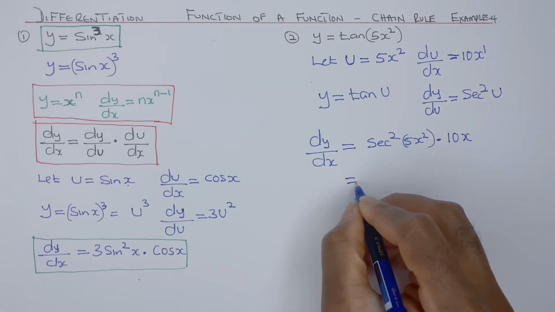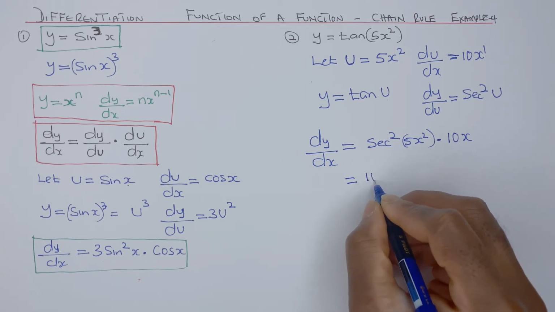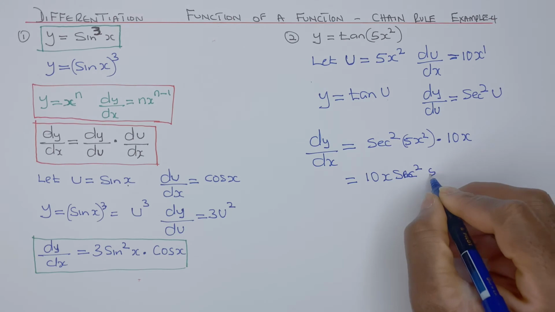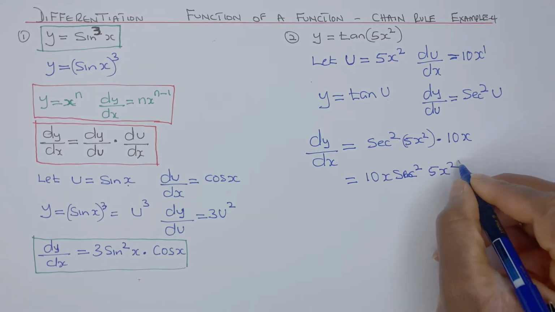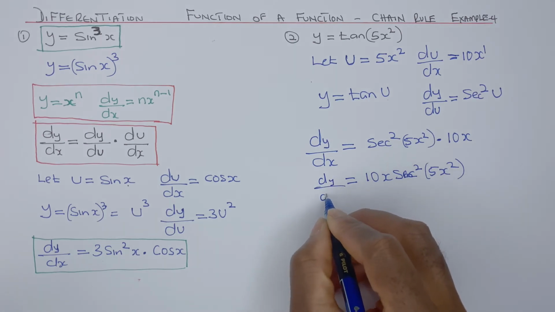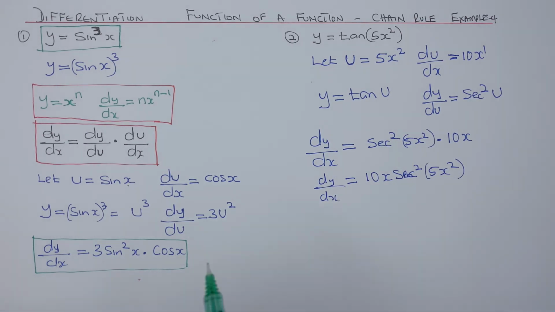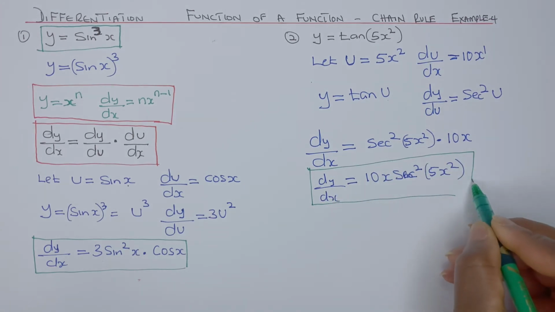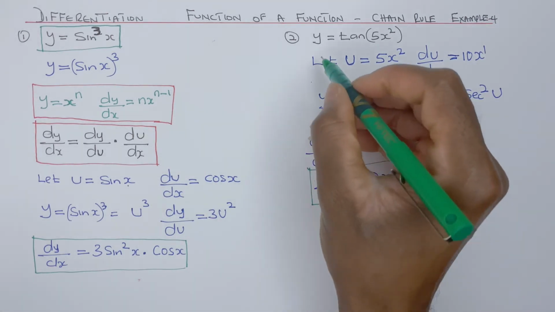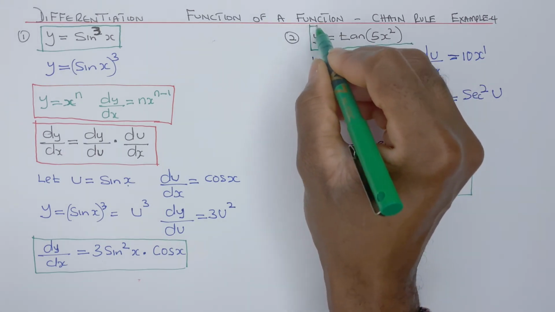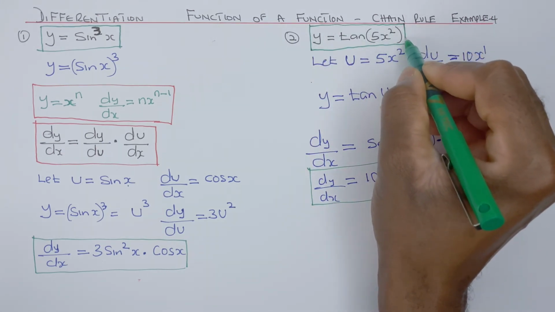So we can now say 10x sec squared 5x squared, and that's the dy/dx, and that's the final answer for the differential of y equals tan 5x squared.